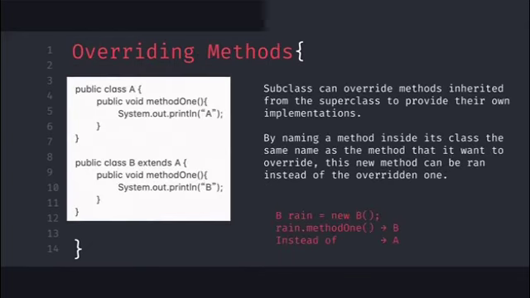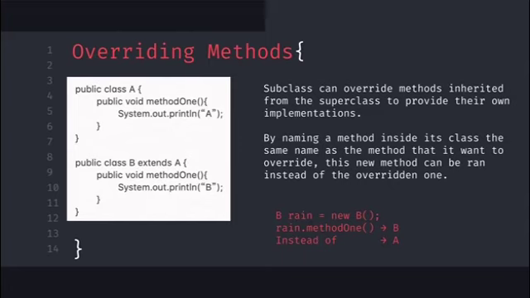And now, just like how in the last slide the subclass can call constructors of the parent class, subclasses can also override methods of the parent class. A subclass can override methods inherited from the superclass to provide their own implementations. By naming a method inside its class the same name as the method that it wants to override, this new method can be run instead of the overridden one.